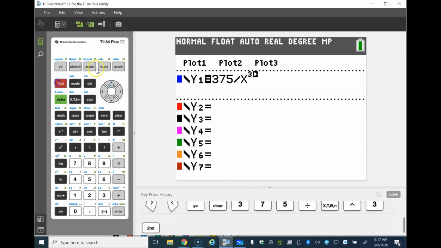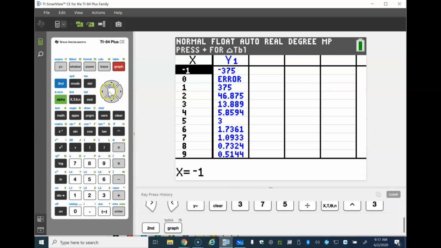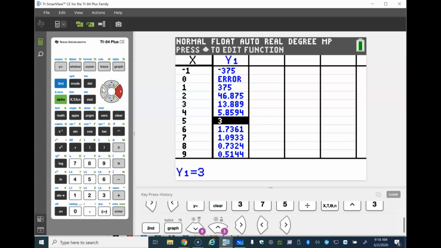So I hit second graph. Again, I'm going to go down to where I see some zeros in front of the decimal, and come back up to the first pair of clean numbers that I see, and it's going to be 5 and 3 for this one.